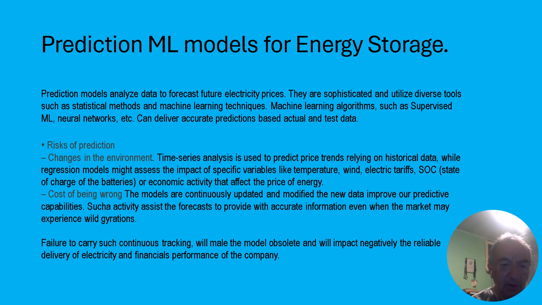Is there a cost of being wrong? Yes. If our models are not continually updated, we run the risk of providing information that is incorrect, and that could improve our predictive capabilities. This activity requires us to provide forecasts that are accurate and also that can take into consideration changes in the marketplace.